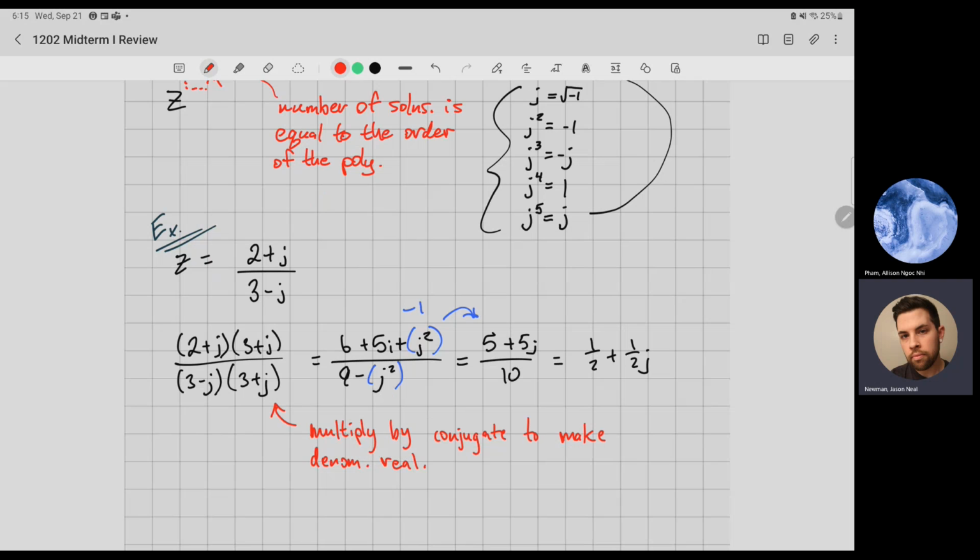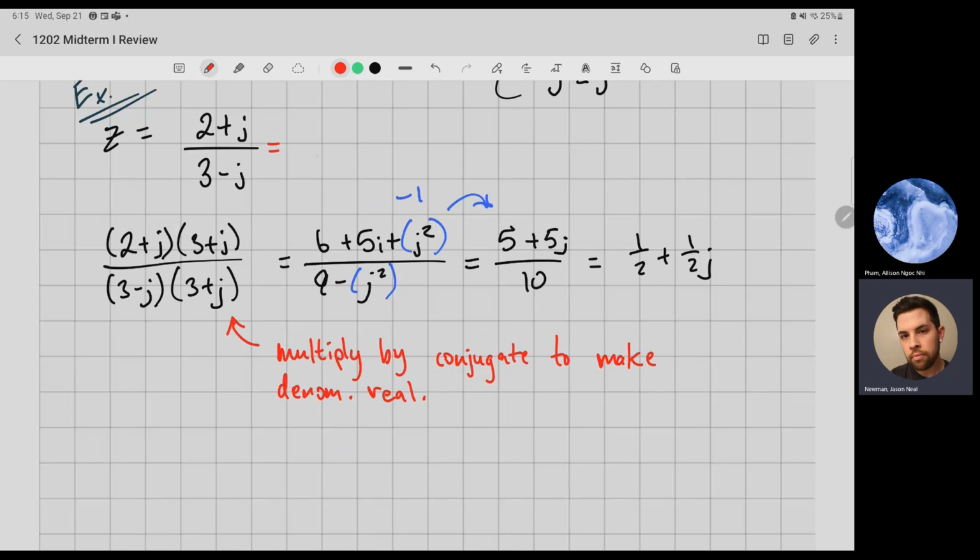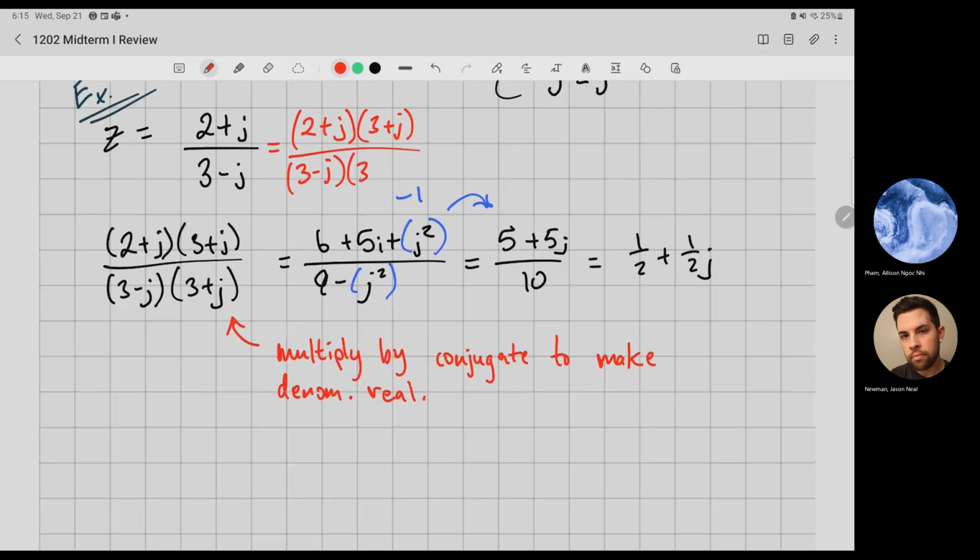So the way that works is if we have this, and then we want to multiply by the conjugate, it's going to be 2 plus j times 3 plus j over 3 minus j. Y'all know that the conjugate is just the inverse of this one right here, right?